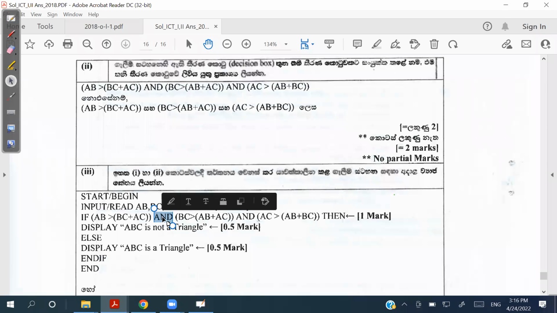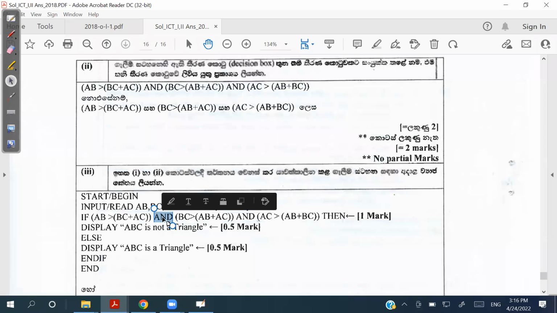So if it is there, they have given it 1 mark separately, because they have written the answer by combining, or by introducing the challenge of combining, more than one condition together.